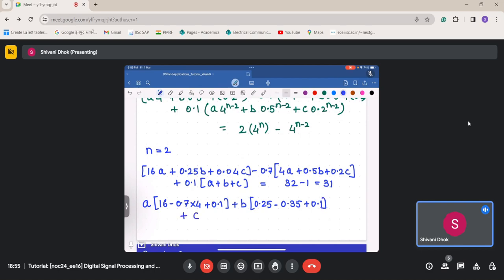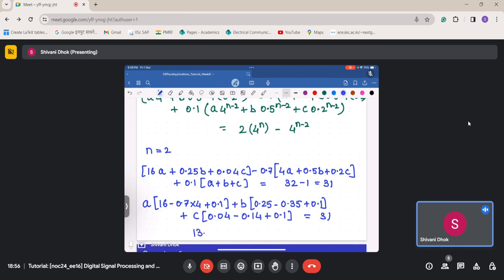The terms corresponding to c are 0.04 minus 0.7 into 0.2, which is 0.14, plus 0.1, which is equal to 31. Now 0.25 minus 0.35 plus 0.1 becomes 0. In a similar way, the c quantity is also equal to 0, and what we are left with comes out to be 13.3.